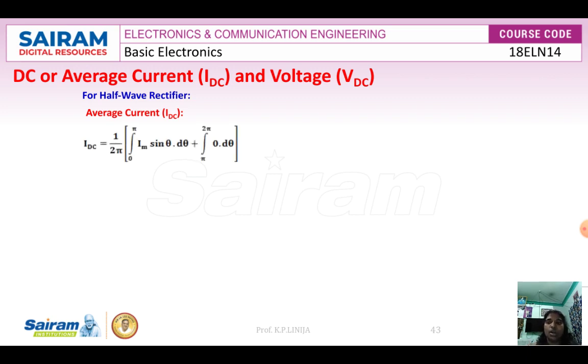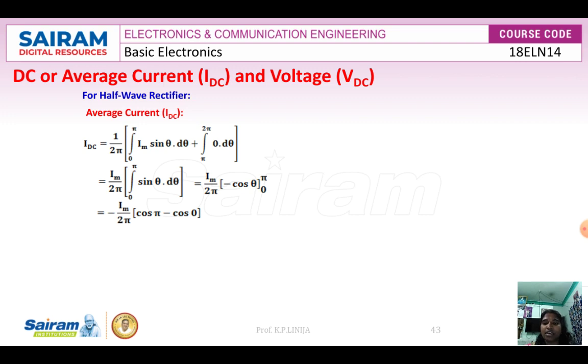IDC is equal to, 0 to pi is the positive cycle, pi to 2 pi is the negative cycle, and we are aware that during the negative half cycle of the half wave rectifier there will be no output. So IDC is equal to 1 by 2 pi into the integral from 0 to pi of Im sin theta d theta, plus the integral from pi to 2 pi, which is 0. After integration and applying the limits, we get Im by 2 pi.